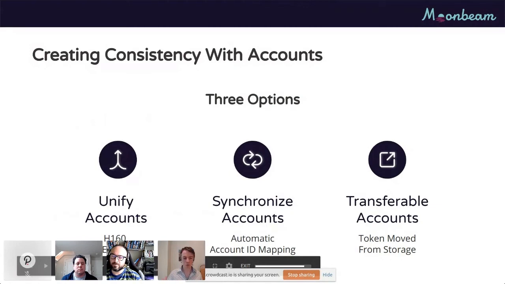So we are trying to modify Substrate to be based on the H160 account ID and to use the ECDSA signature for it. But this still has some challenges, because what does it mean for Ethereum to have a reserved balance in that case? What should we do with it? We have a few ideas in mind, but we are still experimenting with that option.